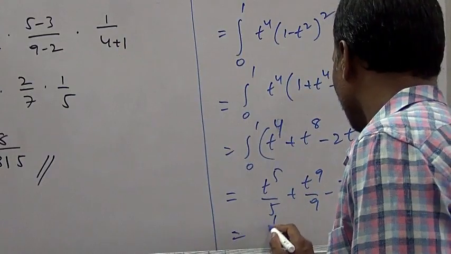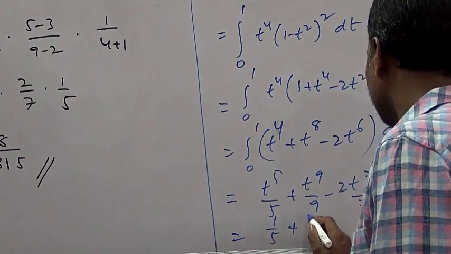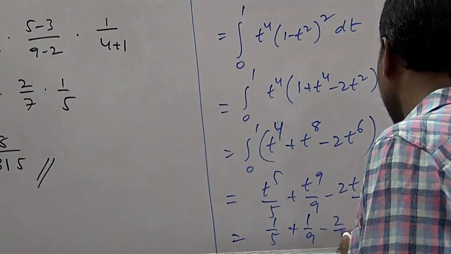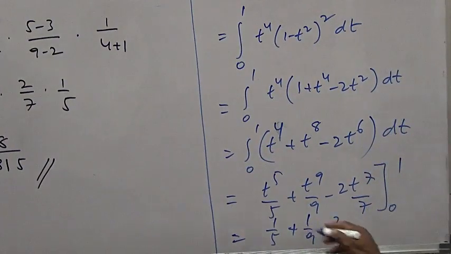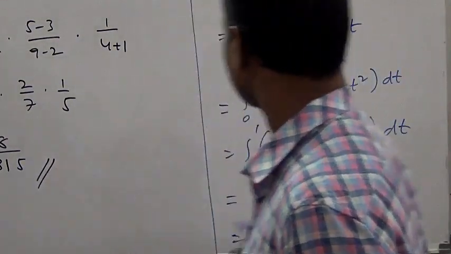Substituting the values, 1 by 5 plus 1 by 9 minus 2 by 7. Now simplify this and you will get the answer.